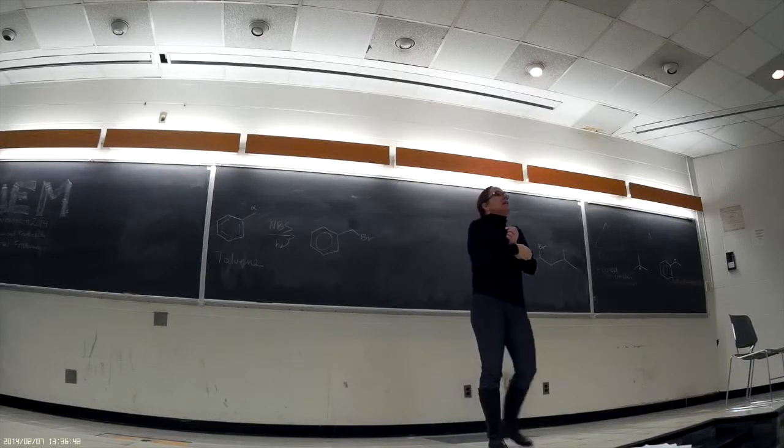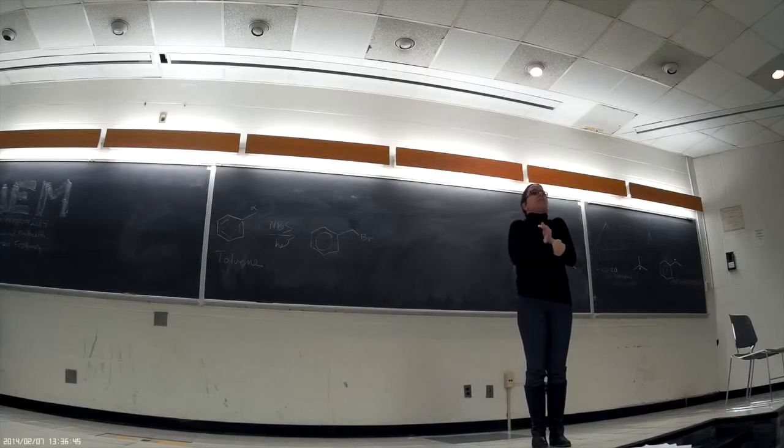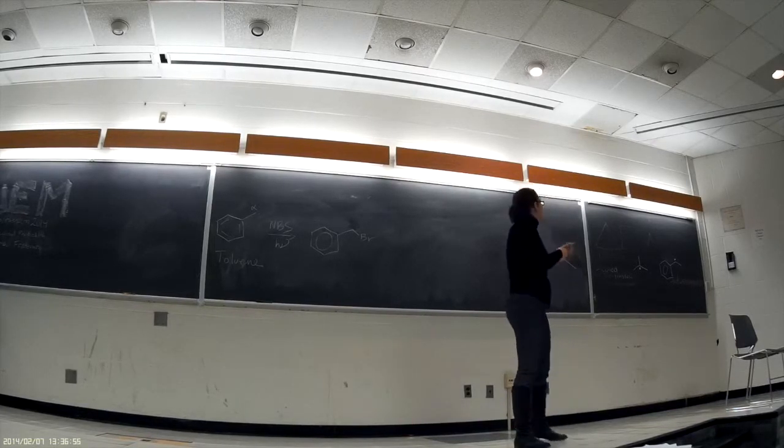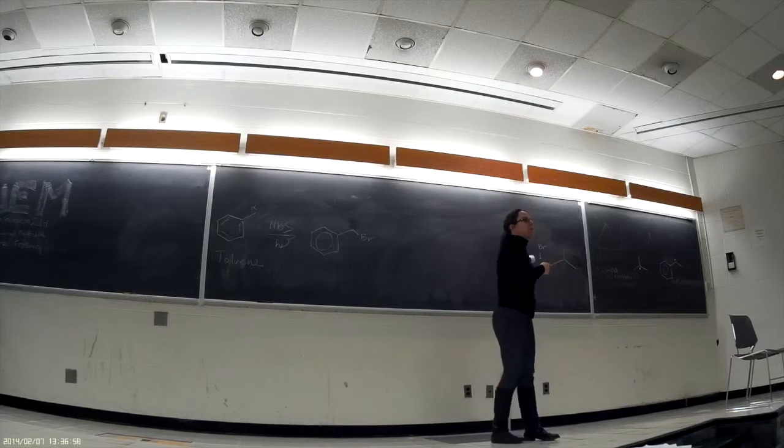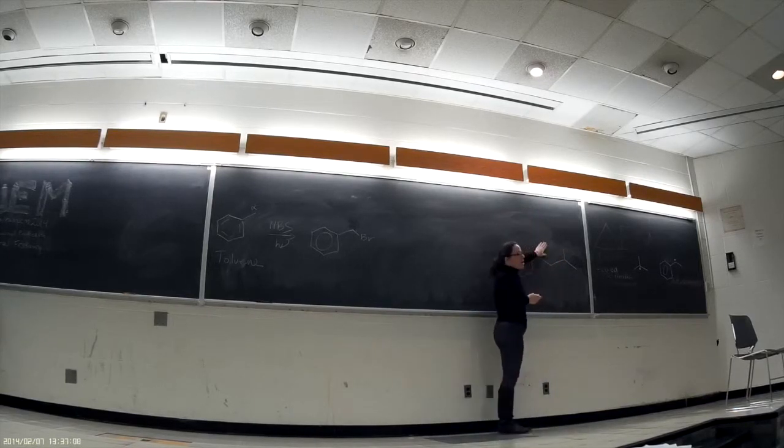N-bromosuccinimide is really just a different molecule that does the exact same thing. It will brominate at these benzylic and allylic sites selectively. Same thing with this molecule, right? If I went back and I just had my hydrocarbon, it will always selectively brominate here.